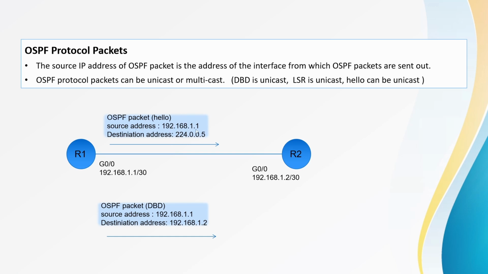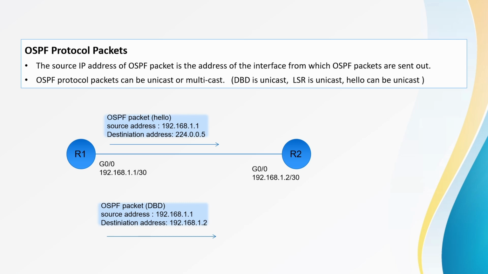The source IP address will be the packet's outgoing interface, which is 192.168.1.1 in this case.